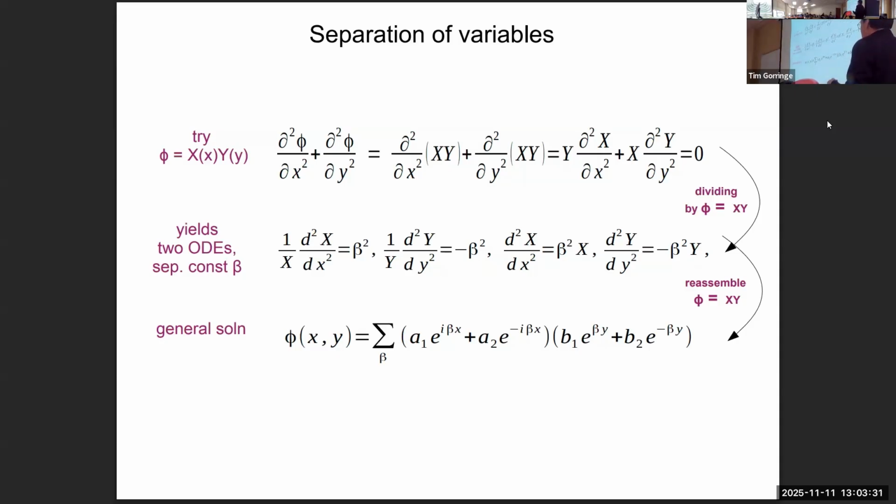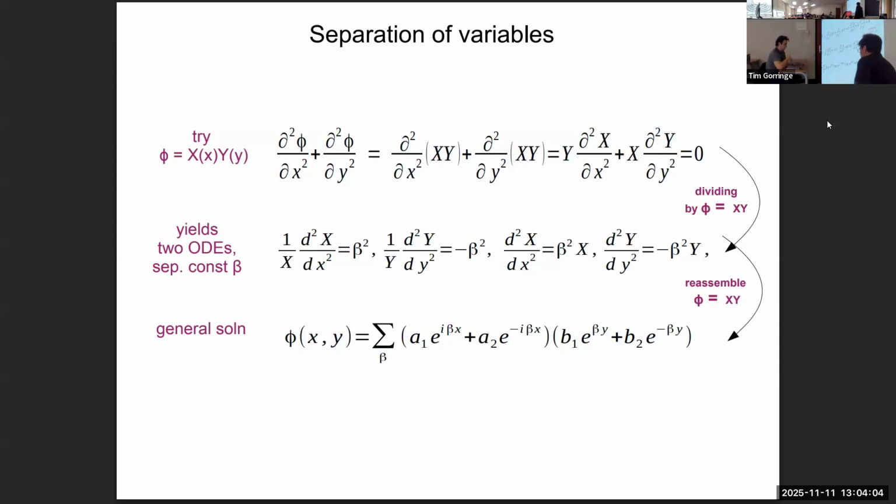And these are very familiar differential equations, right? They're just stating that the second order differential of the function X is proportional to X itself, and the second order differential of the function Y is proportional to the function Y itself, and beta squared is a convenient separation constant for these two differential equations.